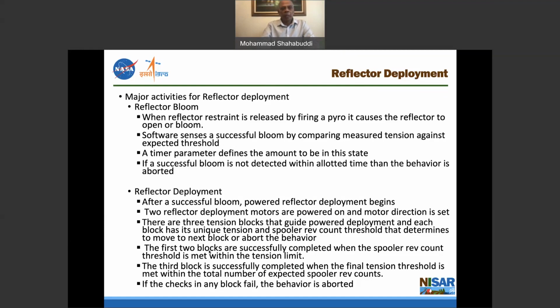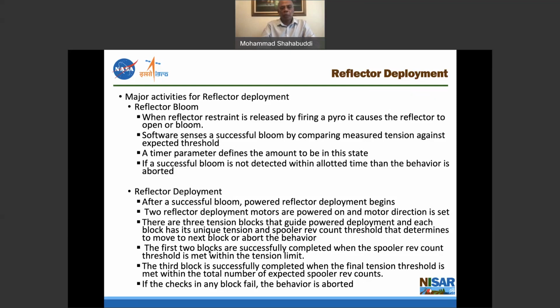Reflector deployment: after a successful bloom, powered reflector deployment begins. Two reflector deployment motors are powered on, and motor direction is set. There are 3 tension blocks that guide powered deployment, and each block has its unique tension and a spooler rev count threshold that determines whether to move to the next block or abort the behavior.